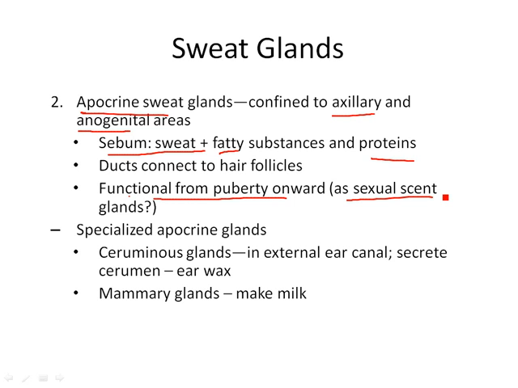You have some specialized apocrine glands. There are some like apocrine glands found in the ear, and they make earwax. We call those ceruminous glands. And you also have a type of apocrine gland in the breast tissue of females that makes milk. Well, milk is basically water, fat, and proteins, right? So mammary glands are basically a specialized type of apocrine gland.